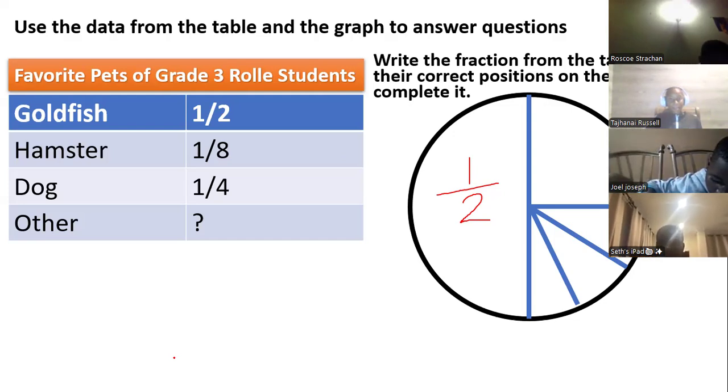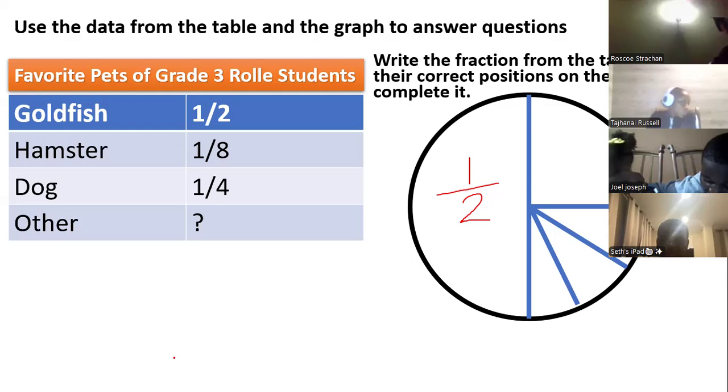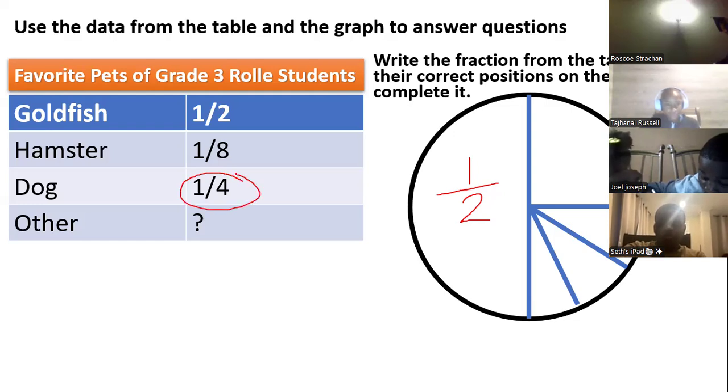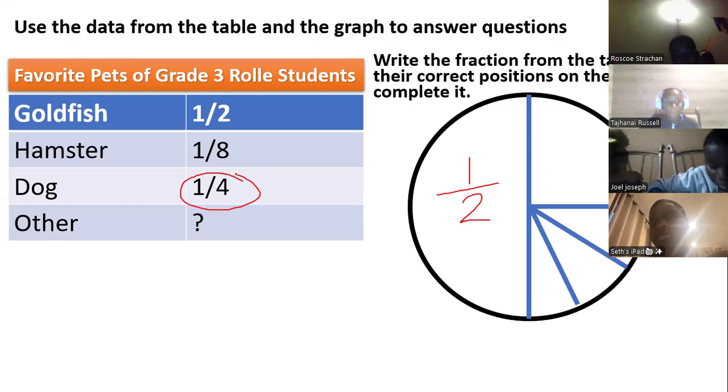All right, so we need to figure out the fractions represented by the shaded region. If this is a half, which one is 1 over 4? The second one on the right. Okay, let me label it.